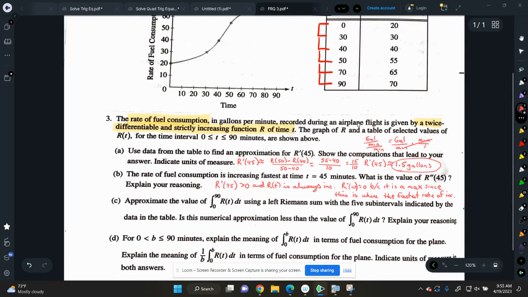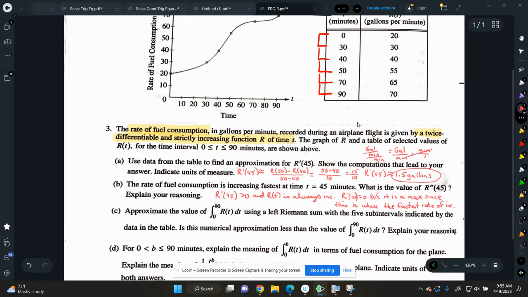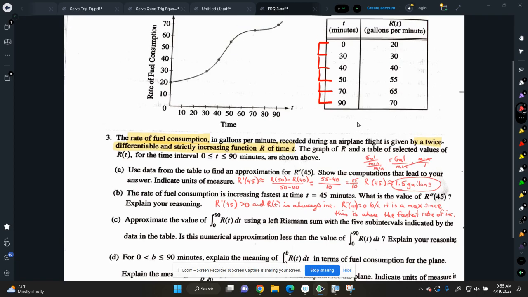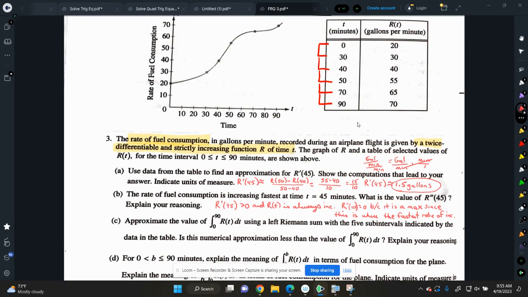The first one is going from 0 to 30. Something might be easier: to look at it to make your rectangles on the graph here. 0 to 30, and then 30 to 40, 40 to 50, 50 to 70, and then 70 to 90. So I think it's definitely easier to look at it on the graph.